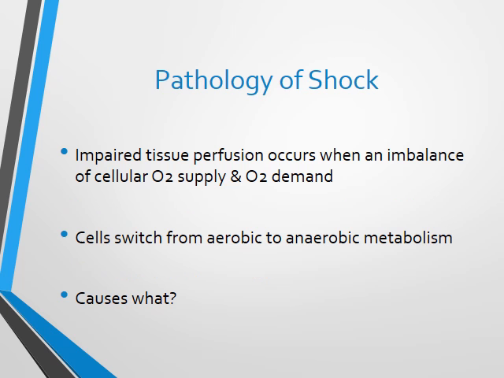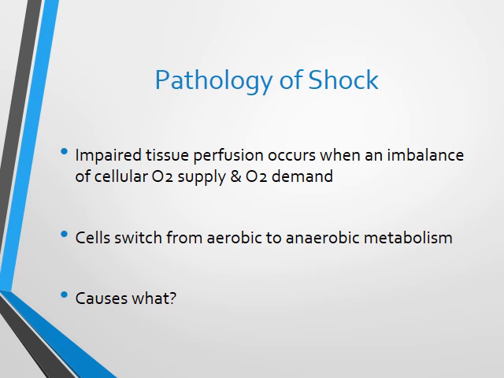Okay, so the pathophysiology or the pathology of shock is impaired tissue perfusion that occurs when an imbalance of cellular O2 supply and O2 demand are not meeting each other's needs. So the cells, if they're not getting enough oxygen, they switch to anaerobic metabolism, which causes a huge amount of lactic acid production, which we talked about when we talked about sepsis earlier in the quarter.